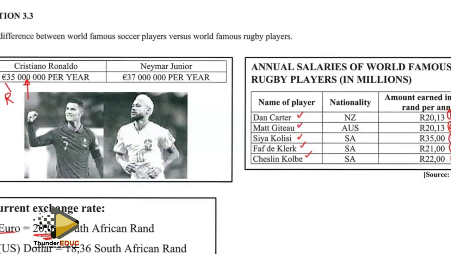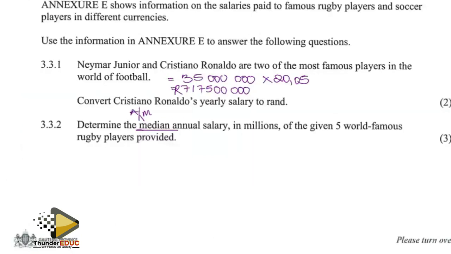So we have it as 20. Don't expand them, leave them the way they are. We know they are million. Now if you get your final answer, you write the word million. That will be fine.